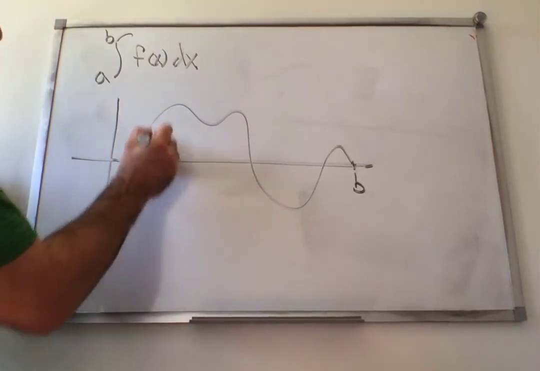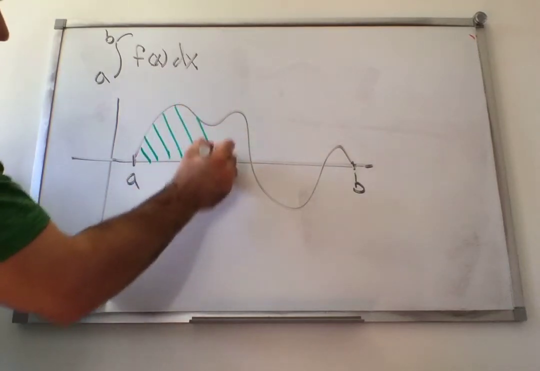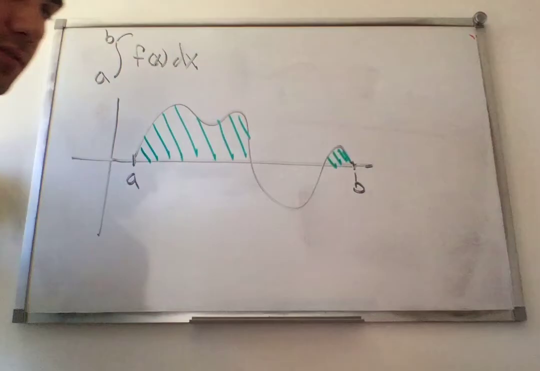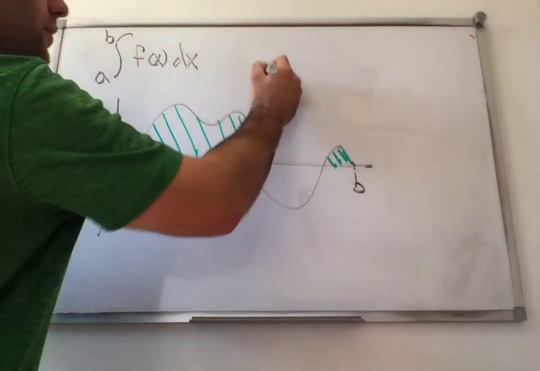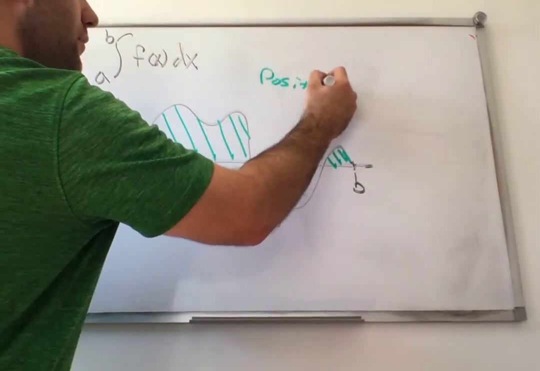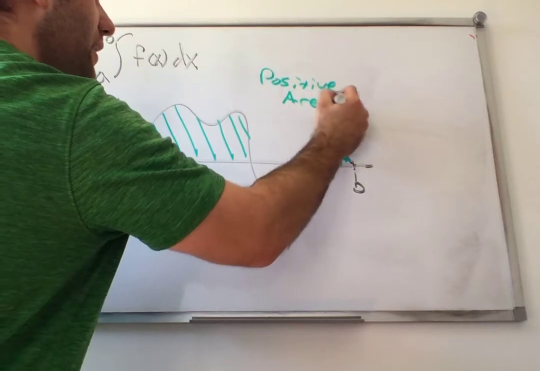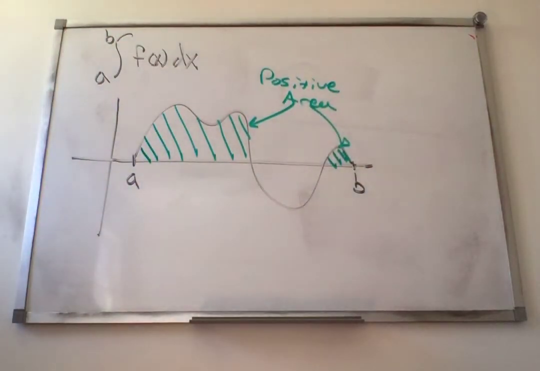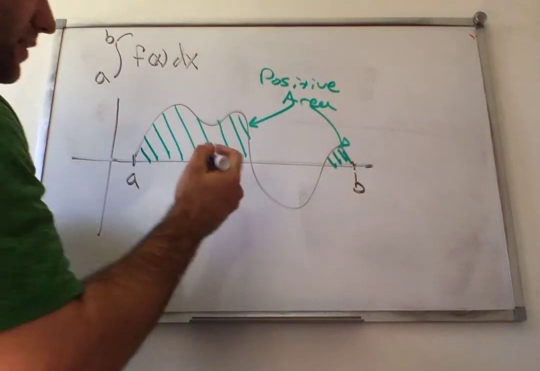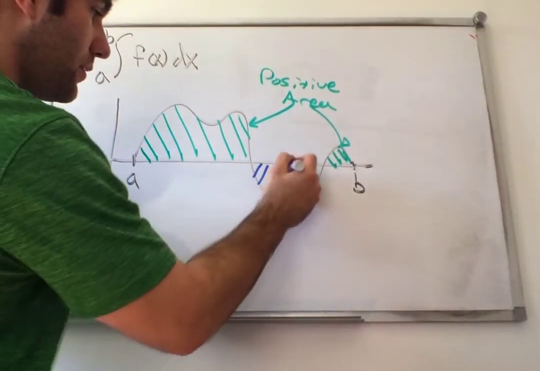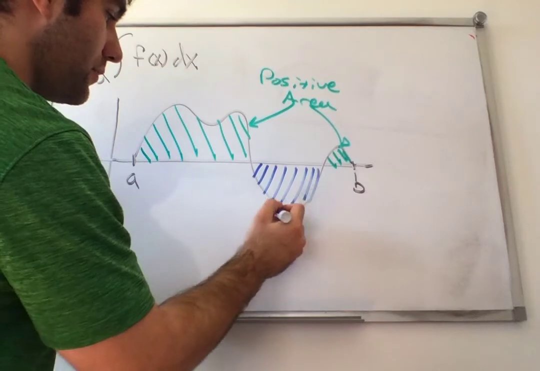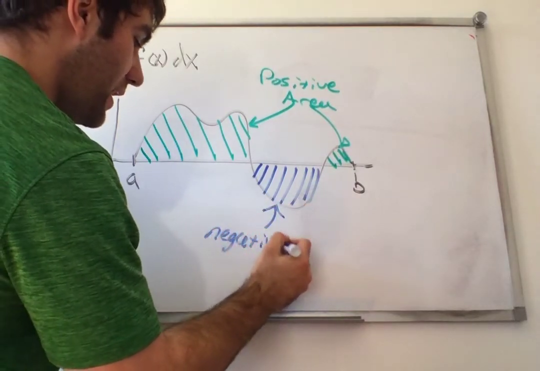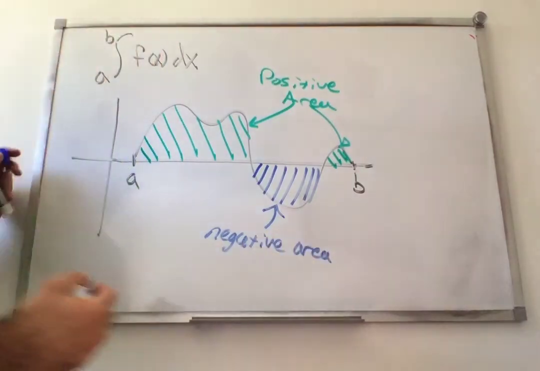The area here and the area here, positive area, right there, right there. But then, down here, we have negative area.